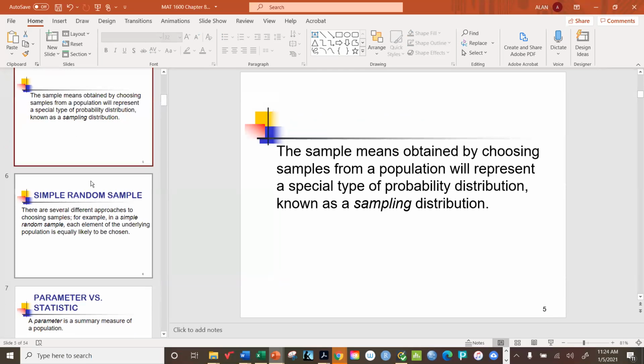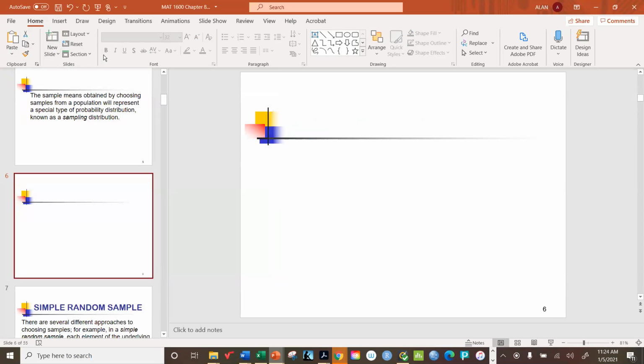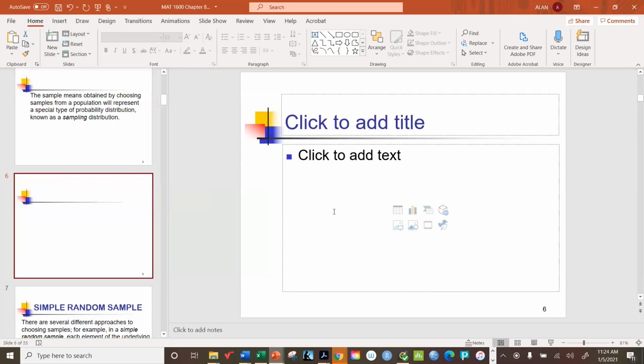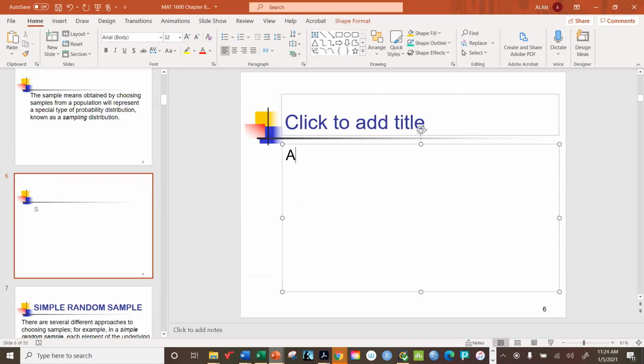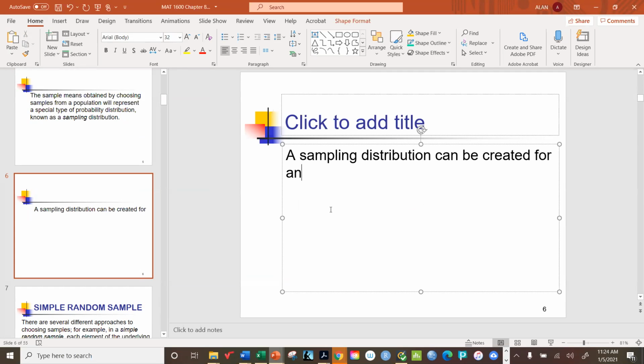Now, we can do the same thing. A sampling distribution can be created for any sample statistic.